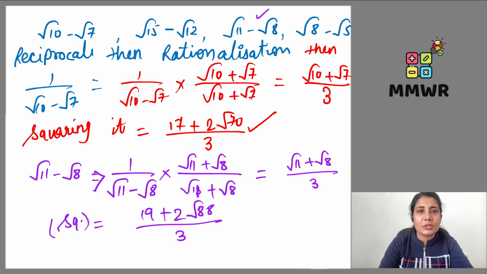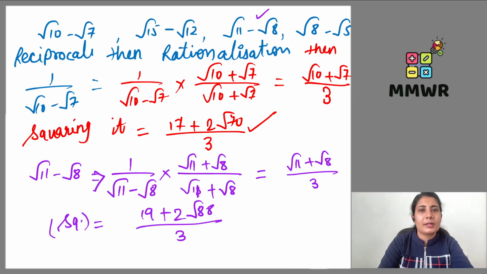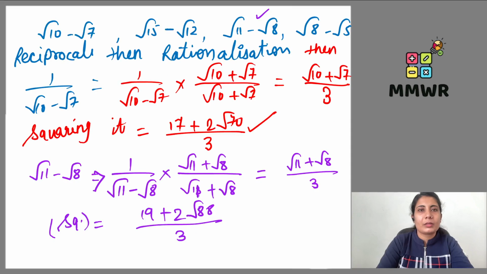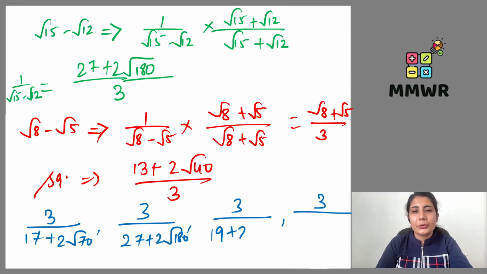Simplify करने के बाद में last में जो number मिला, 3 upon 17 plus 2 root 70. Second number is 27 plus 2 root 180. Third number is 19 plus 2 root 88. And the fourth number is 3 upon 13 plus 2 root 40.